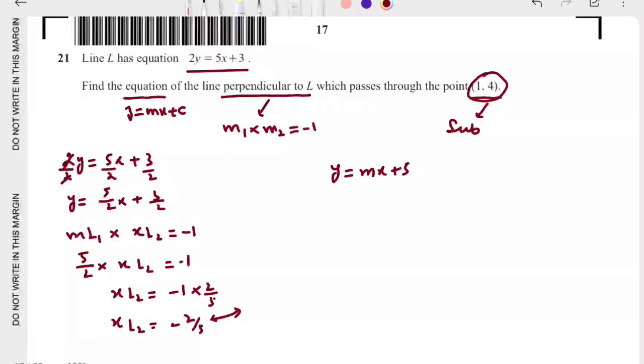The gradient is -2 by 5, the value of y is equal to 4, and the value of x is equal to 1. We'll simplify it: 4 equals -2 over 5 plus c here.